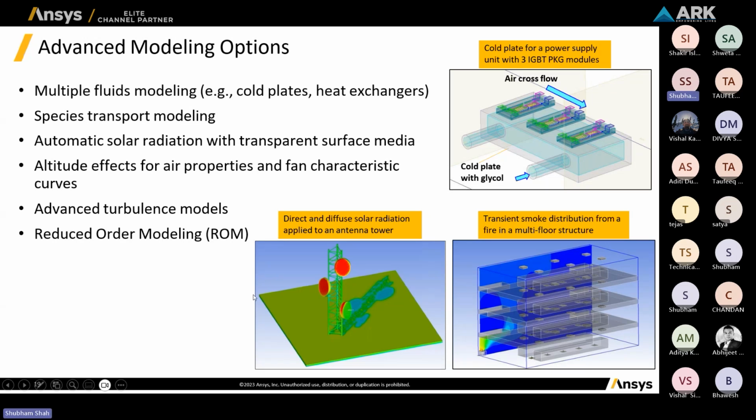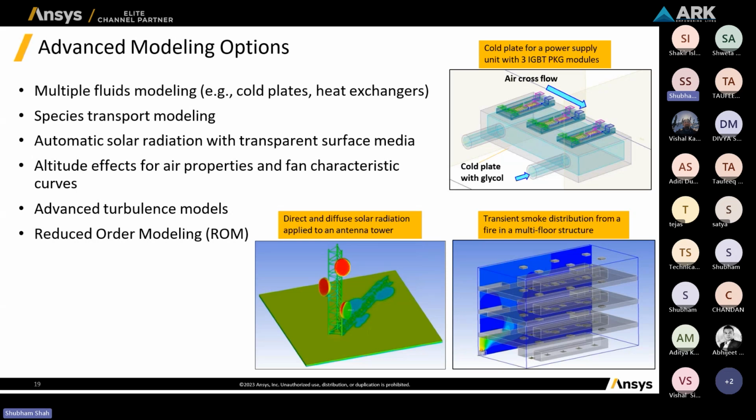Coming towards the automatic solar radiation with transparent surface media. When we see the automatic solar radiation, you can see the antennas are placed continuously on the outer surface or at a certain height. It's 100% open-air conditions, and the solar radiation is directly applied to the surfaces of your components. For that, you can select the solar load model.